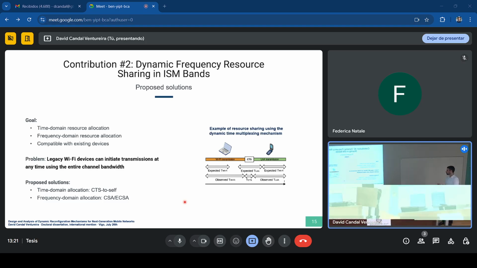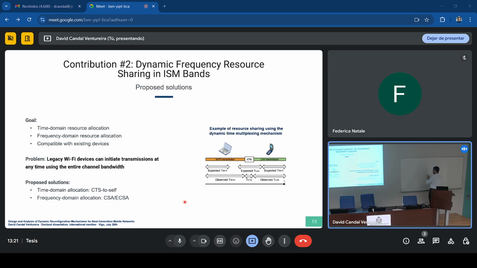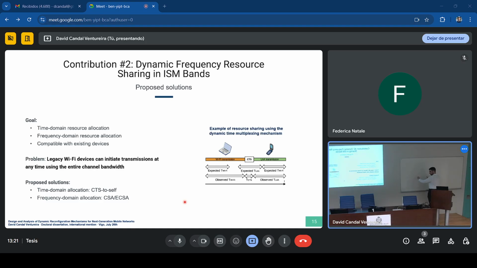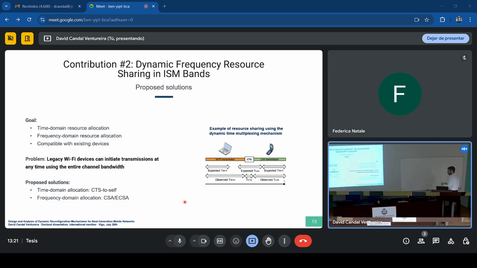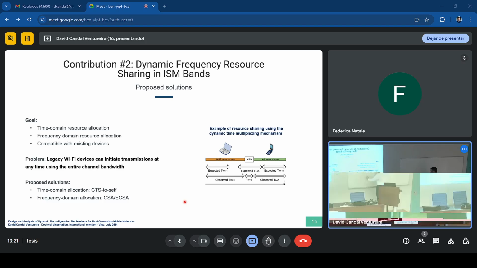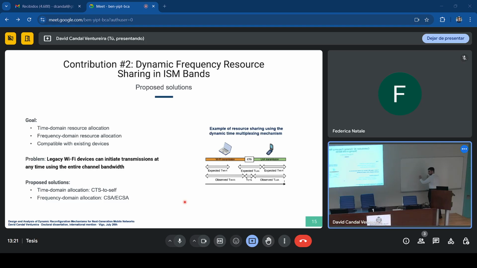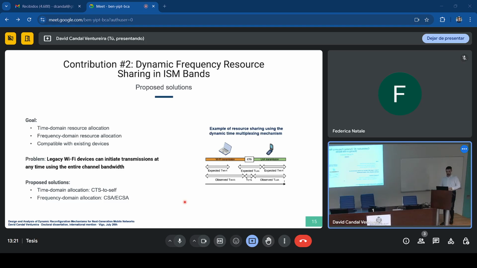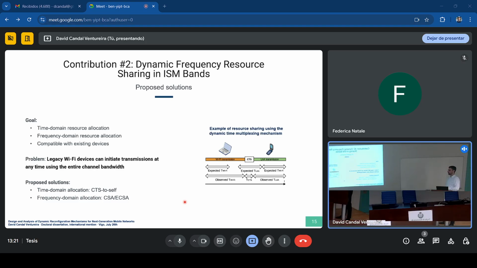So if you know you have to end a transmission in 50 milliseconds, you can adapt the transmission so that even the acknowledgement is received within that period. What happens in the uplink is that you cannot instruct the transmitters that they only have this time to transmit, and therefore they can start a transmission and keep transmitting until they end.